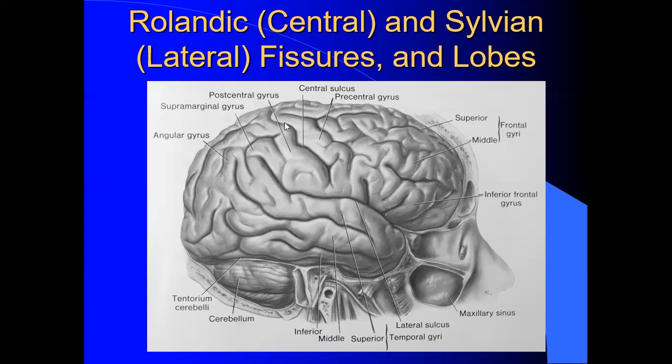Everything rostral to this, I'm going to say anterior if you like, is going to be the frontal lobe. The Sylvian fissure also separates the frontal lobe from the temporal lobe. The parietal lobe is going to be back here, and the occipital lobe. We will look at all of this.